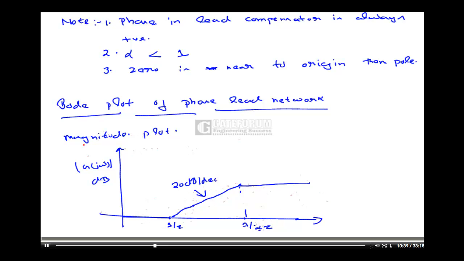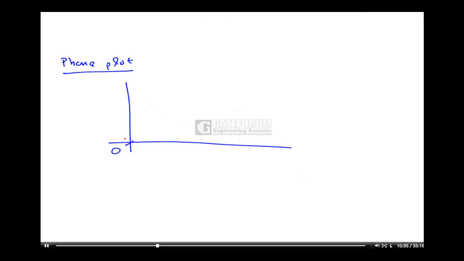So this is the magnitude plot. Now we will see the phase plot. By looking at the phase plot, this is 0 degree, this is 45 degree, and this is 90 degree.